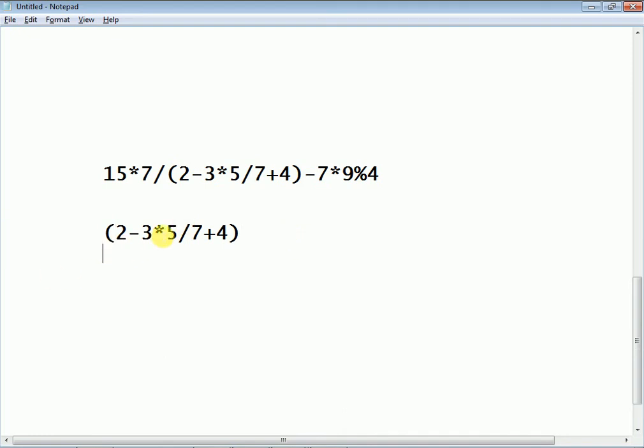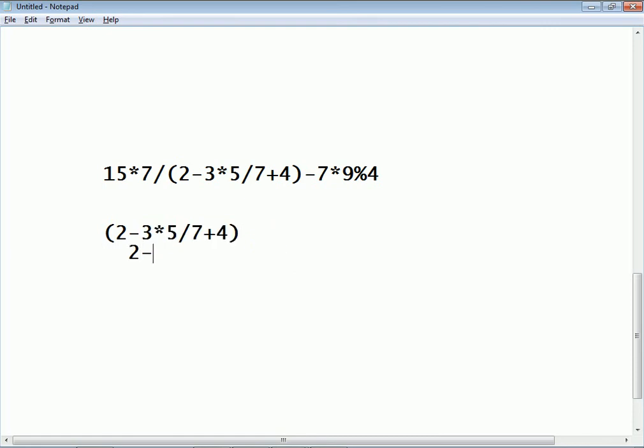Minus, multiplication, division, and plus. Which will be evaluated first? Already we discussed that higher priority operations are performed first, and multiplication and division have equal priority. If equal priority occurs, then evaluation is left to right, that is called associativity.